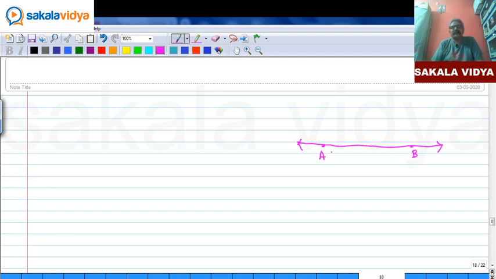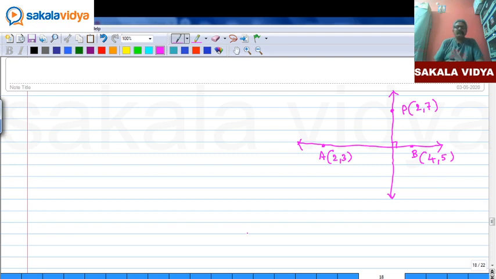a point A is given, that is 2 comma 3. Suppose point B is given as 4 comma 5, and you need a line perpendicular to AB, passing through some point, say P, 2 comma 7 for example.